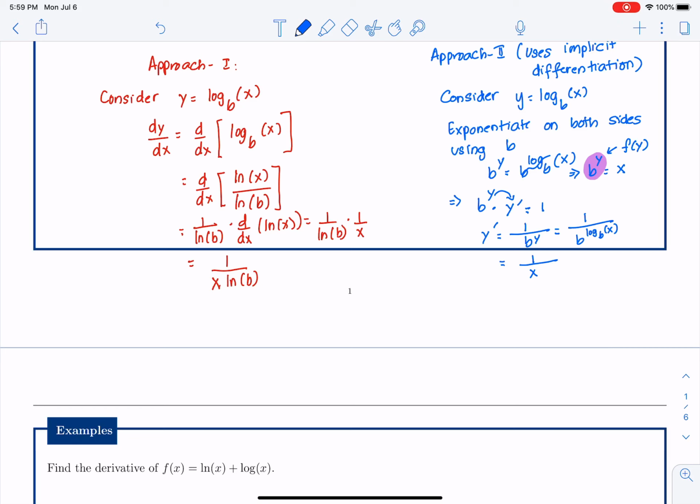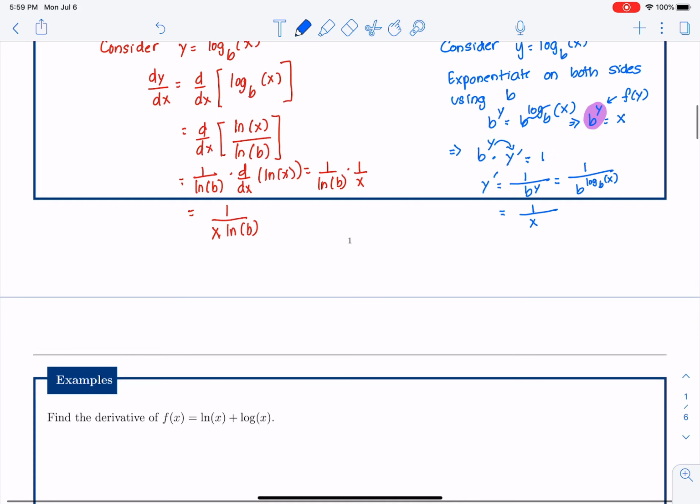So you may wonder, well, what happened to that ln of b? Now that goes back to the derivative at this step right here. So when I wrote the derivative, I wrote it as b raised y times y prime, but that would only hold true if we have a natural logarithm.